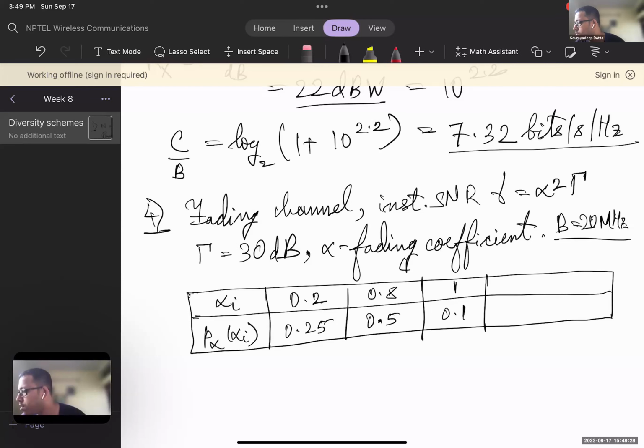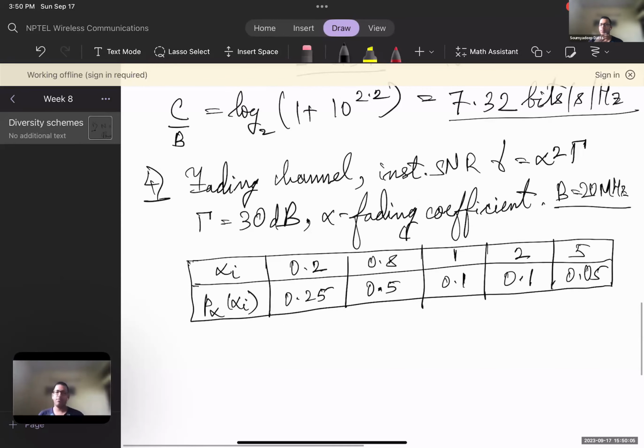Sometimes there are gains also, so let's say 2 with a probability of 0.1 again. Some exceptional cases, let's say it takes value 5 with probability 0.05.